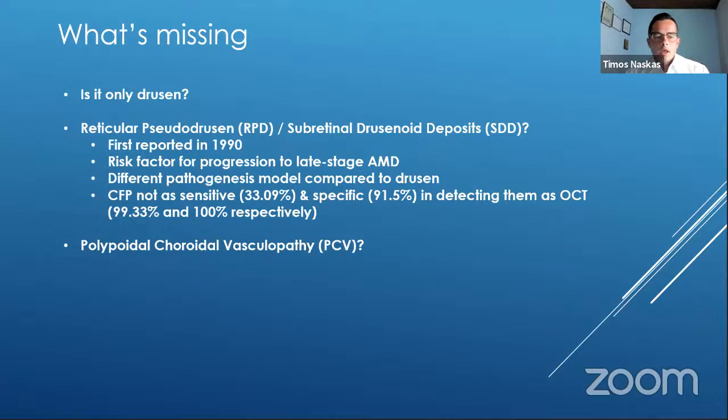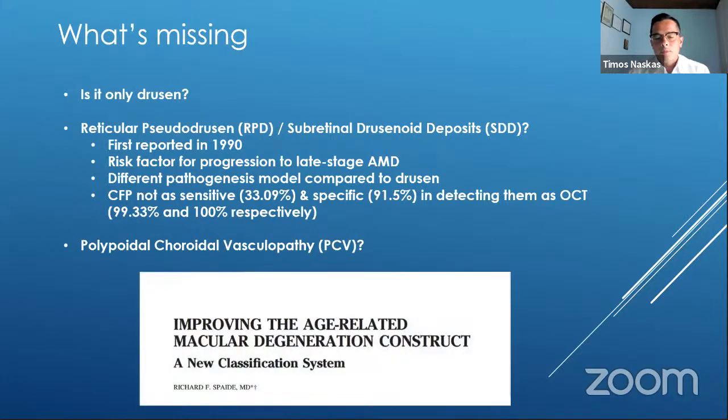So I was thinking, if there is such an expressed need to move forward, why should I still use in my research as a primary modality one that is not sensitive in detecting a key phenotype, as has been proved? But my problem was that there was no paper focusing only on these aspects. Until in 2017, Richard Spaide published this paper, discussing the need to move forward to classify the disease in terms of the modalities used, the way that we consider the disease, and the phenotypes we take into consideration.